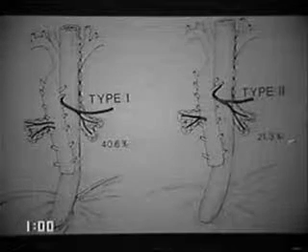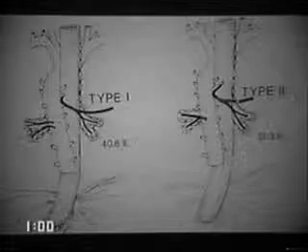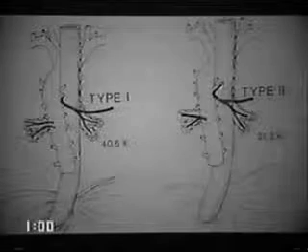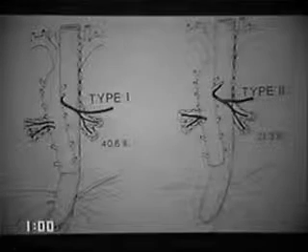In about 21% of cases, you'll find the situation with a single right, again coming off the second intercostobronchial, and a single left. Less commonly, you find these scenarios with two rights, one coming off the intercostobronchial and one coming off the aorta separately, and two lefts. Or in type 4, two rights and one left. There are other combinations which are even less common than 9.7%, as illustrated in this particular series.